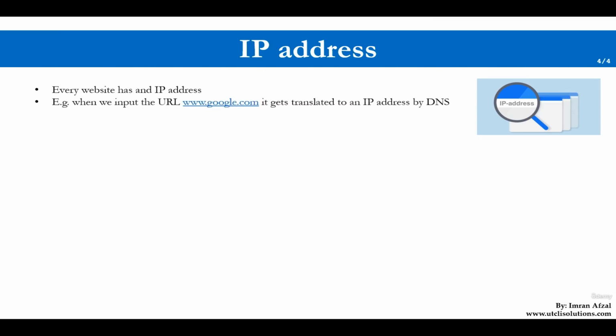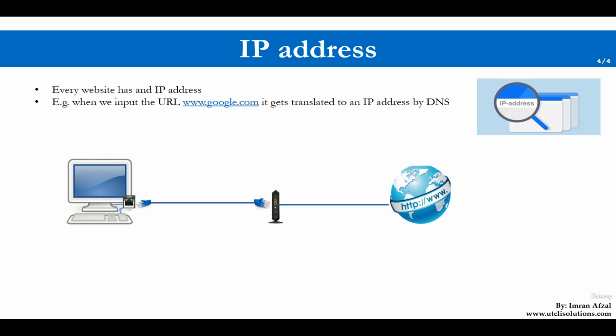All right, then every website has an IP address. For example, when we input the URL google.com in the browser, it gets translated to an IP address by DNS. So let's look at our computer. We go to the modem and the modem goes to the internet. When we request to go to Google, there's a DNS server out there, which we'll cover in later lectures. DNS stands for Domain Name System.